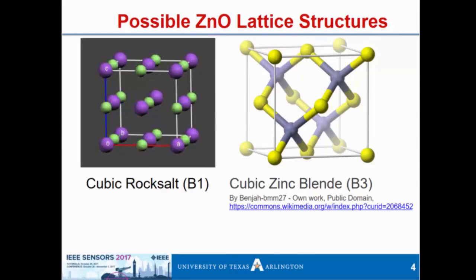So, as most of you probably know, zinc oxide crystallizes in 3 different structures. At high pressures, it crystallizes in cubic rock salt.